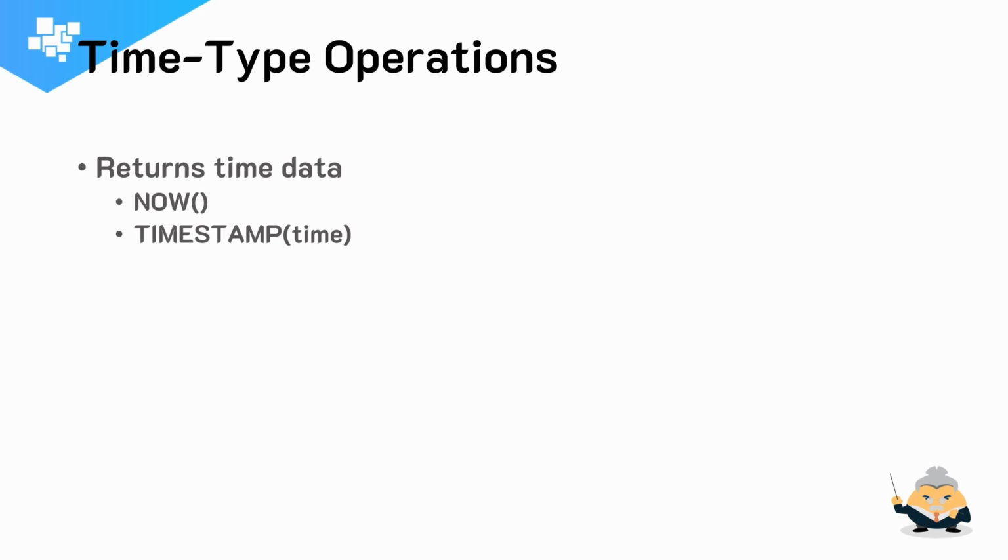A second way is you can use an actual time. So if you type in timestamp and then in the parentheses put in a specific time, that'll also be valid in your query. So you can say, give me all data from after this very specific point in time, and of course the query will find that for you.